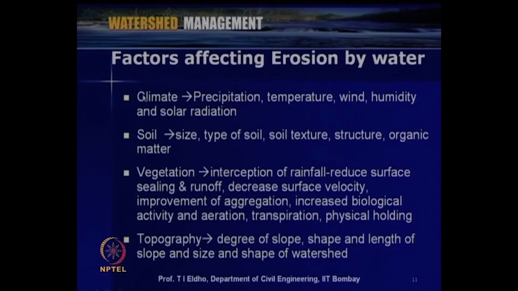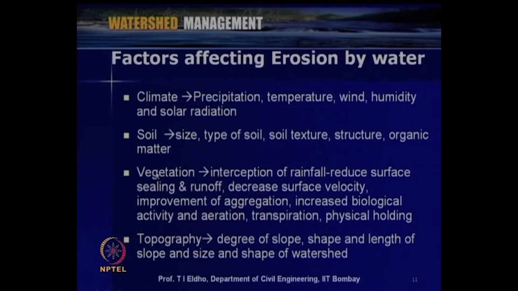The climatic factors mainly depend on the precipitation. Then soil: size of the grain, type of soil, soil texture, structure, organic matter within the soil. Depending upon that, the water erosion will be more or less.